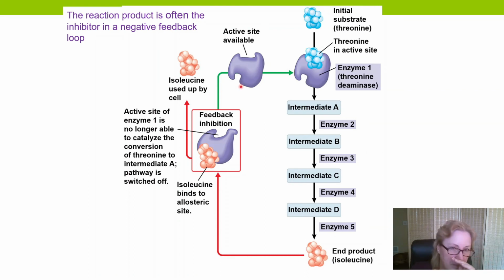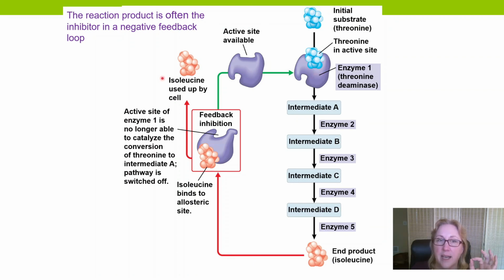isoleucine actually can bind to this first enzyme, threonine deaminase, or aminase, not animase. Deaminase, it's taking the amine off of the threonine. So it actually binds to it and inhibits this enzyme from working.